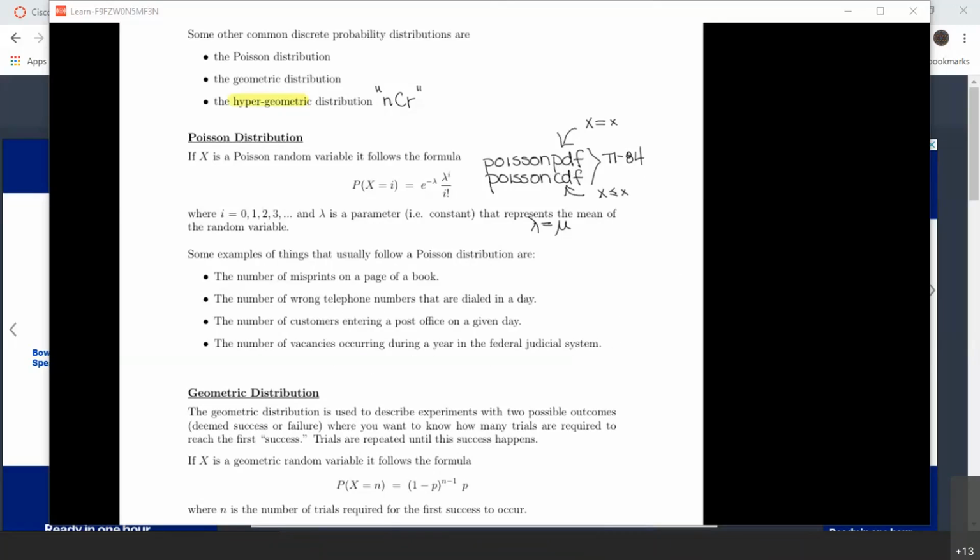It's cumulative. And this is true of all the distributions on a TI. If you use the probability density function, PDF, you get the probability of one specific number. If you use the cumulative density function, you get the probability less than, from 0 on up to your X value.